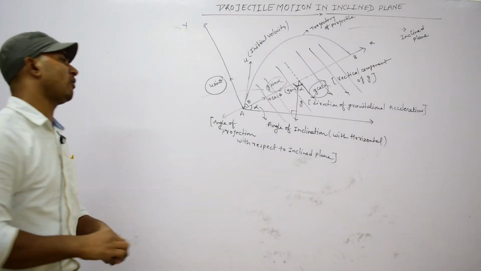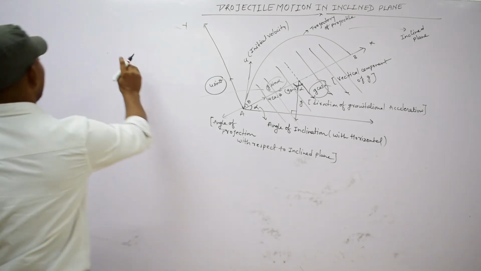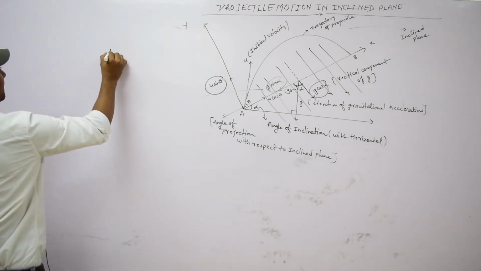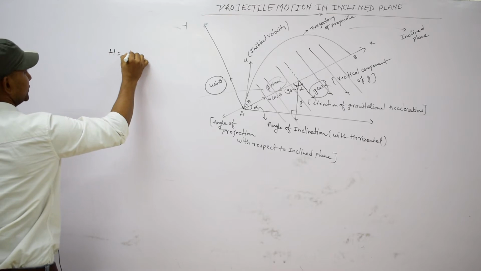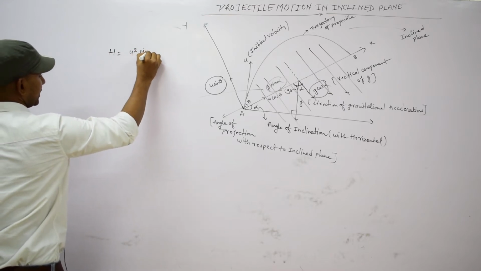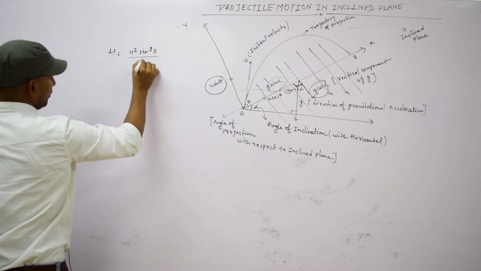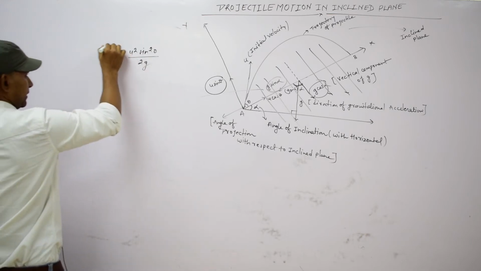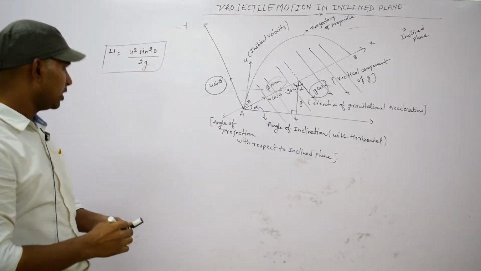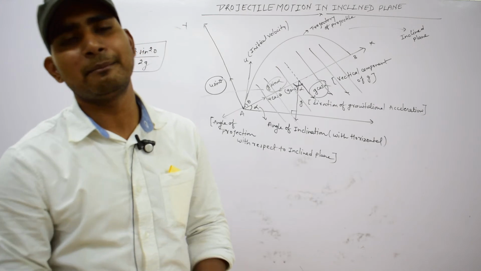The basic formula of the maximum height is h is equals to u square sine square theta upon 2g. This is the formula which we generally use for finding the maximum height.